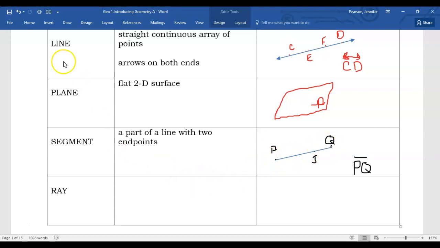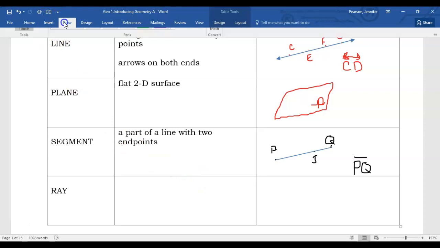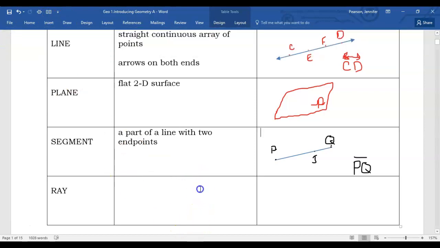And then a ray is another part of a line, and it's specifically a part of the line that has one endpoint and one arrow point. A part of a line that is continuous on one end. So basically it has one endpoint and one arrow end.